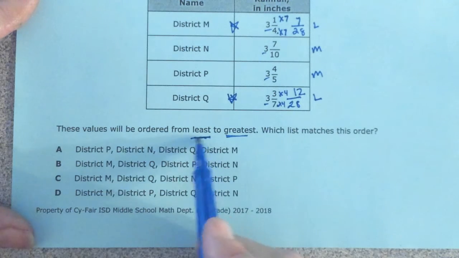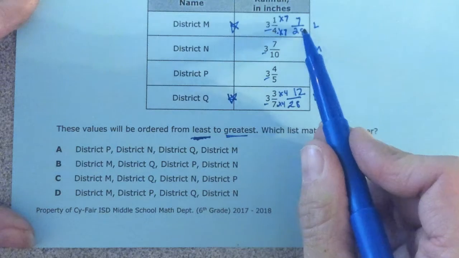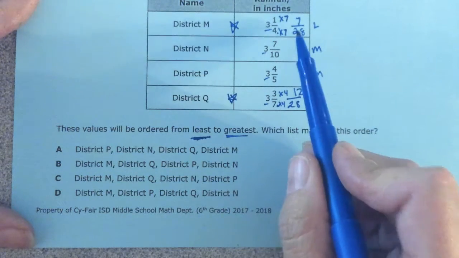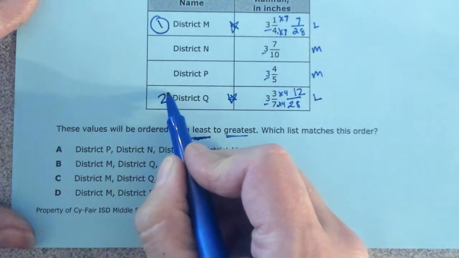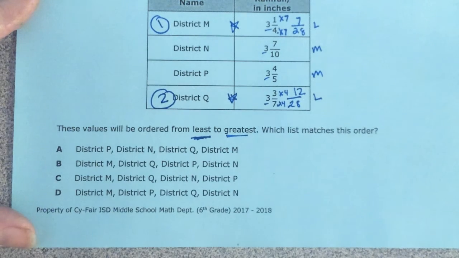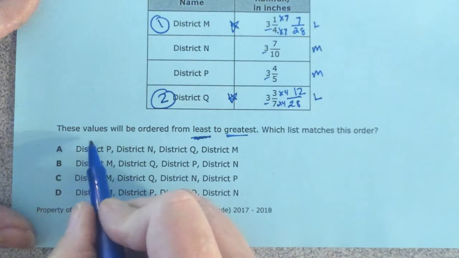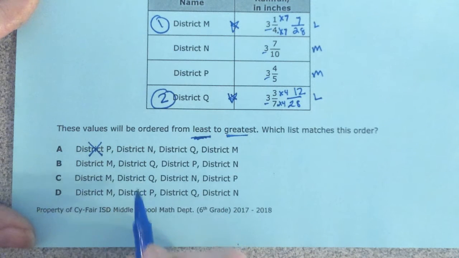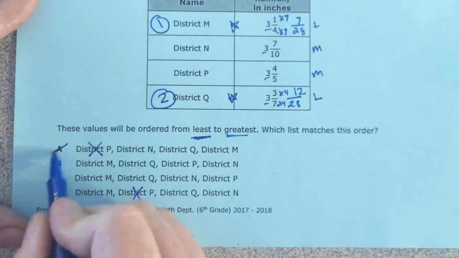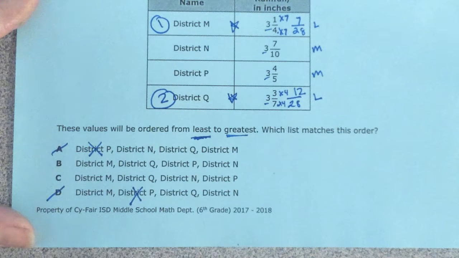So which one would be smaller, the 7/28 or the 12/28? It would be the 7. So District M has to go first, and District Q has to go second. So looking at my results, M is first, Q is second. So A and D are automatically eliminated.